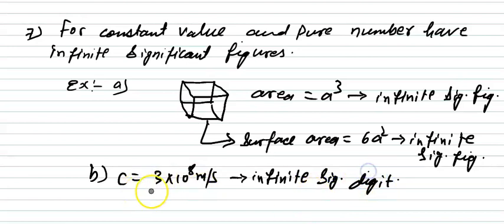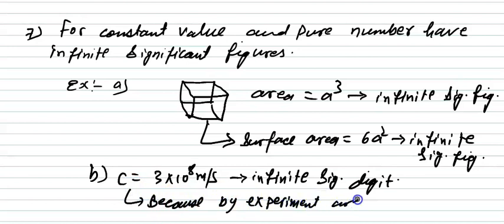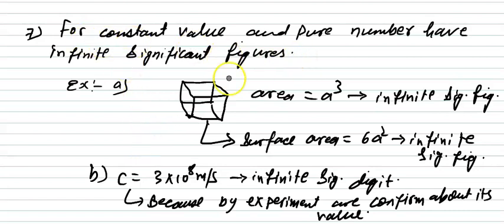We are confirmed about its value by experiment. We are not going to measure its value. Only the quantity which we are about to measure, their significant digits will be counted. Getting it? So constants and pure numbers do not have any significant figure, right?